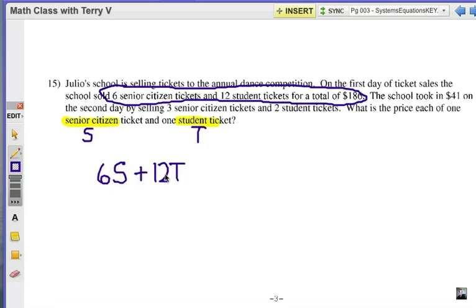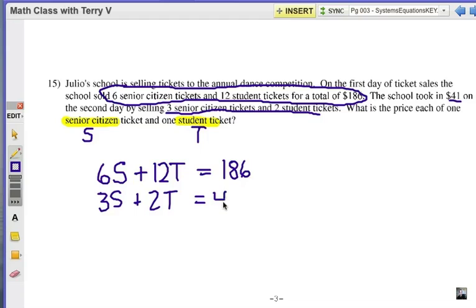Total cost, added all together, and it's supposed to give us $186. That's how I interpret that. Now in the other one, we got 3 senior citizen tickets and 2 student tickets for $41, right? So let's go with 3S plus 2T, and that equals 41. All right, not so bad.